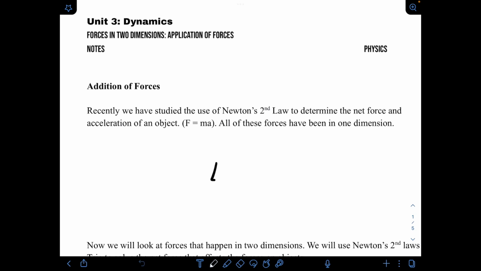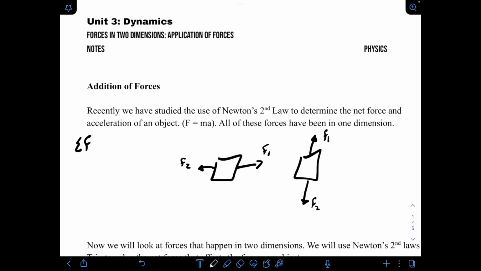And so if we looked at that, we drew our free body diagrams. We had, call this force 1 acting this way and force 2 acting this way. So everything so far has been in 1 direction. So far, they all kind of look like this. Here's in the vertical direction. And what we've done is, remember, we've said the net force is mass times acceleration.